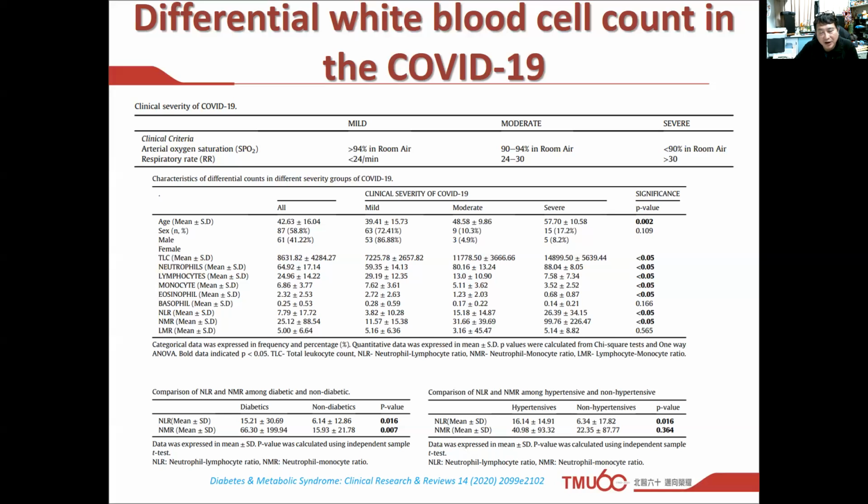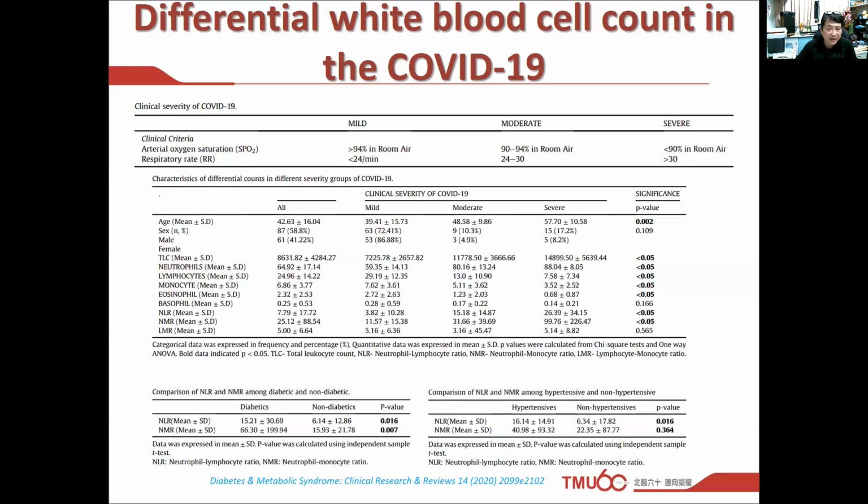You can see the p-values are all significant. It suggests that a higher neutrophil number is a kind of prognostic factor. A higher neutrophil count in the white count implies the severity of COVID-19.